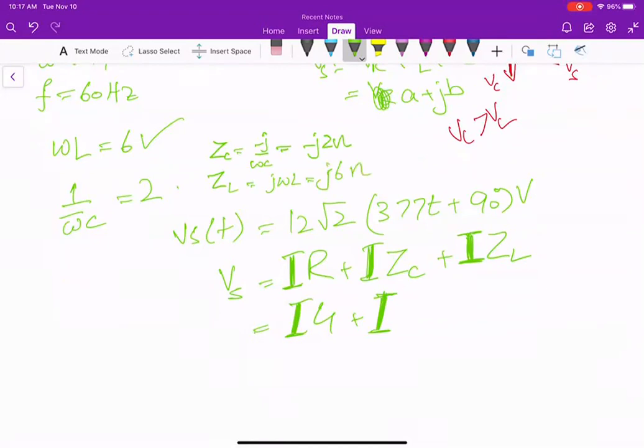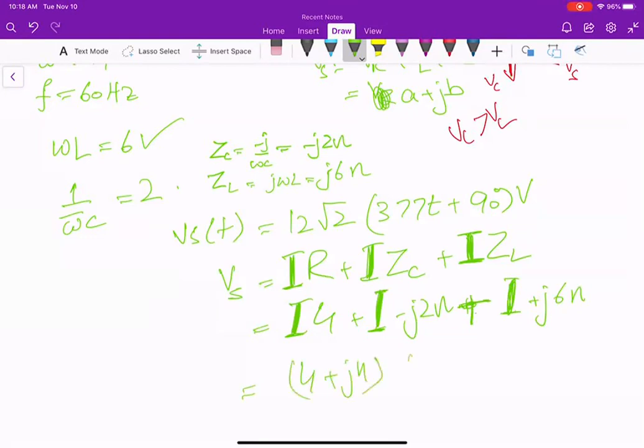So I am replacing this here, j6 ohms plus minus j2 ohms plus j6 ohms. Okay. So this will become 4 plus j4.